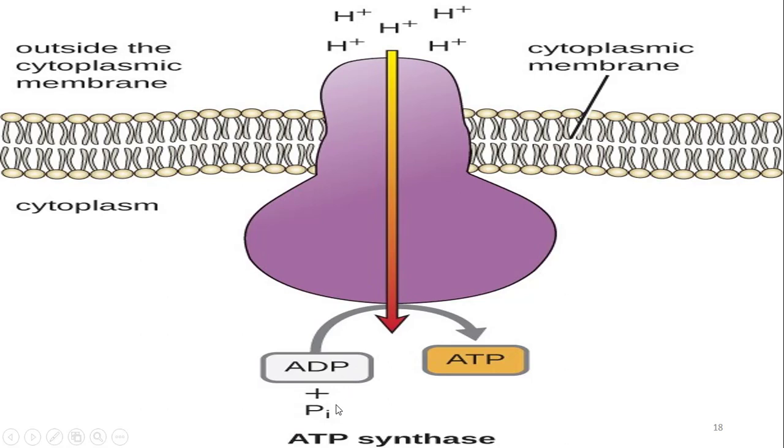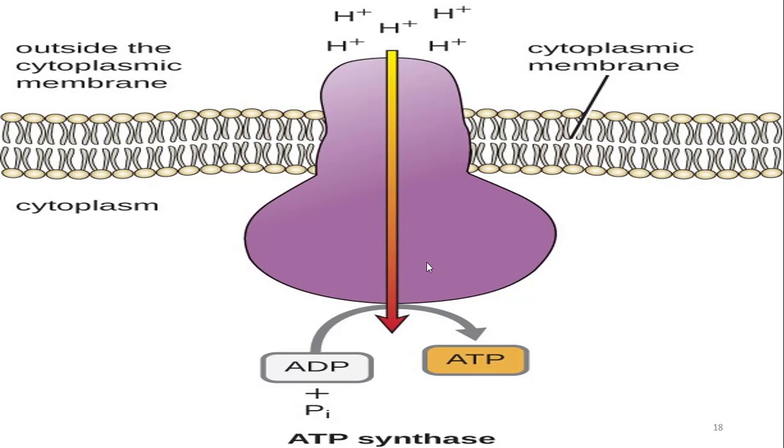ATP tightly bind to inorganic phosphate. Another hydrogen move down, ATP is formed, and another hydrogen move down and ATP is released. It actually requires three steps: binding of adenosine diphosphate to inorganic phosphate, and formation of ATP and release of the ATP.